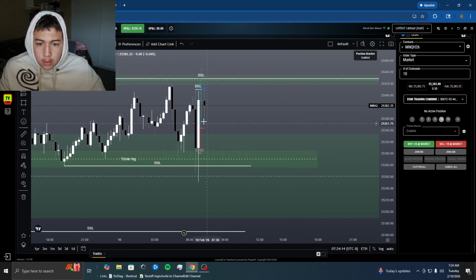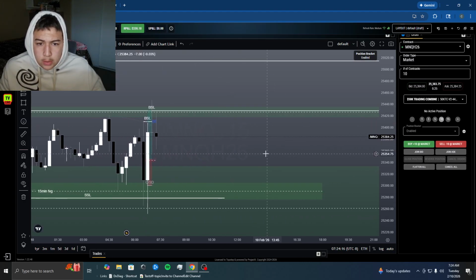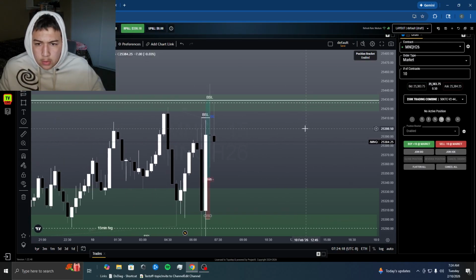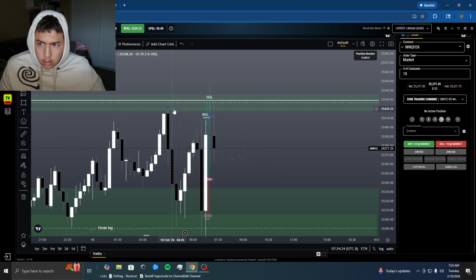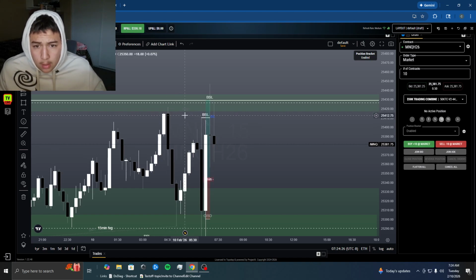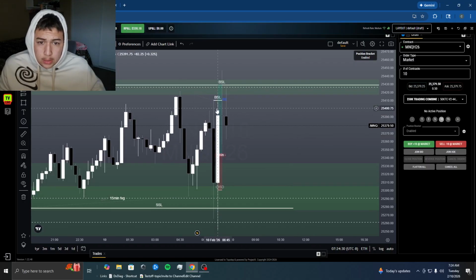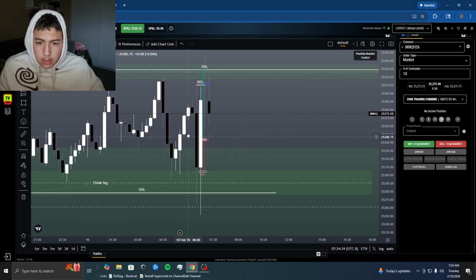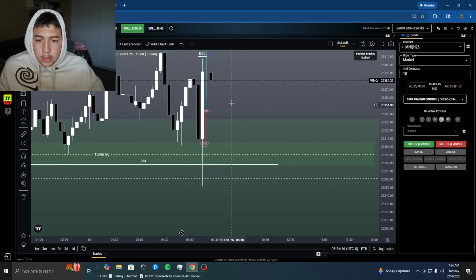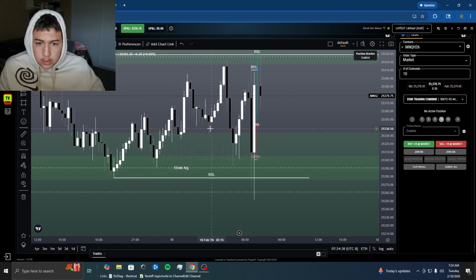Market open came down and swept these lows. I did see that we had a small internal SMT on Nasdaq, as we did take these highs on ES.